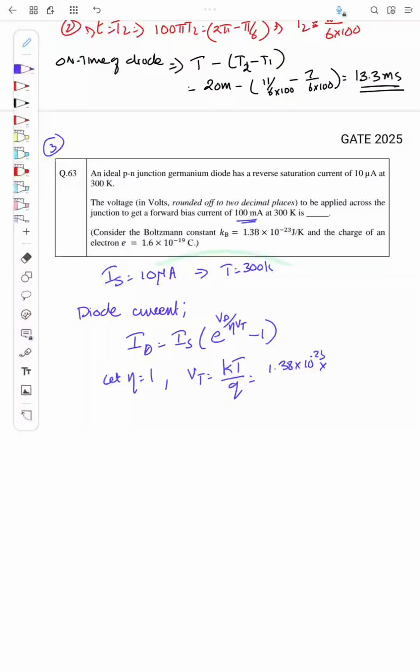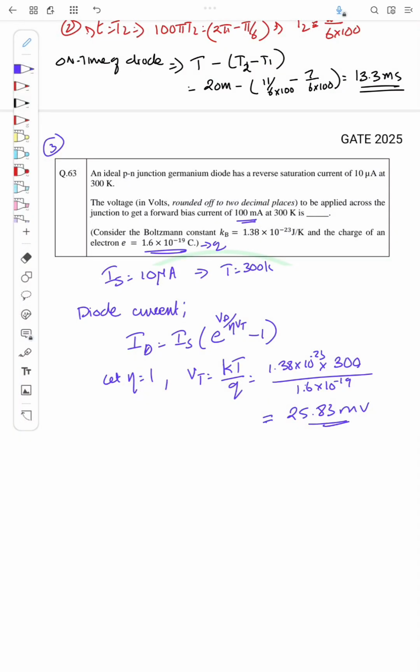T is the temperature in Kelvin, so here it is 300 Kelvin, by Q. Q is actually e, the charge, that is 1.6 into 10 power minus 19. So if we calculate this, I'll get some 25.83 millivolt.